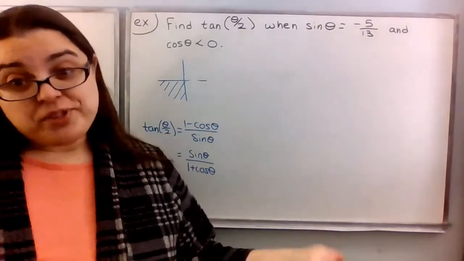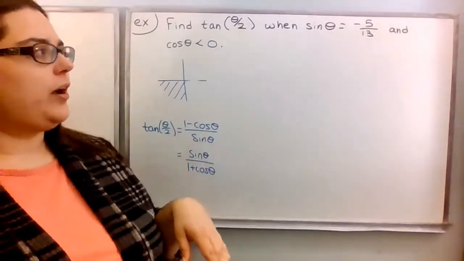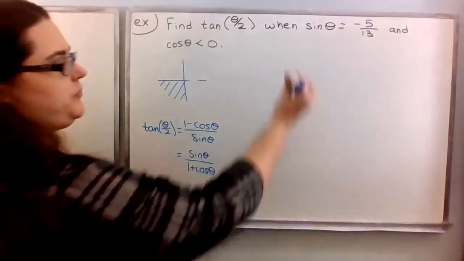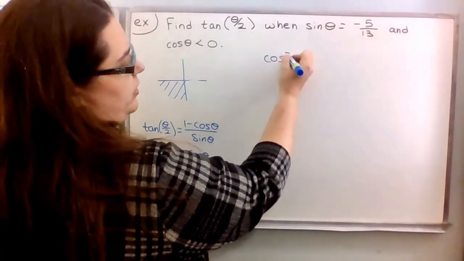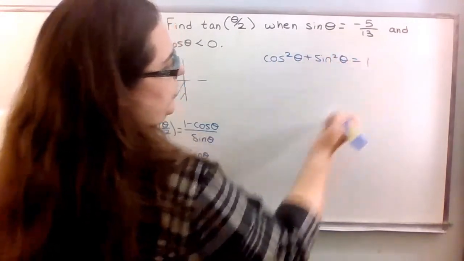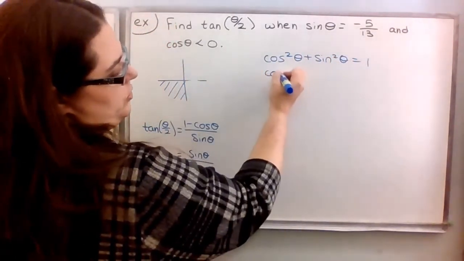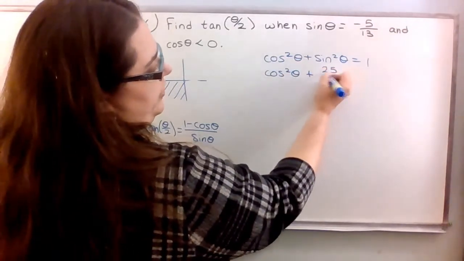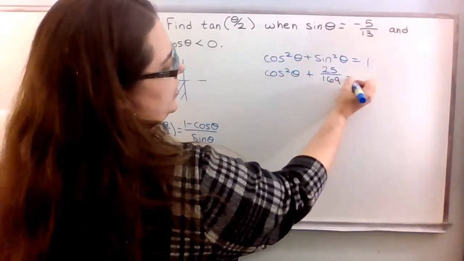So speaking of, we do need to find cosine. So let's use a Pythagorean identity to find cosine. We know that cosine squared plus sine squared is 1. So cosine squared theta plus 25 over 169 is 1.